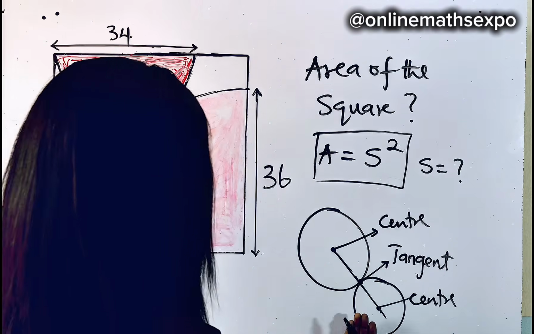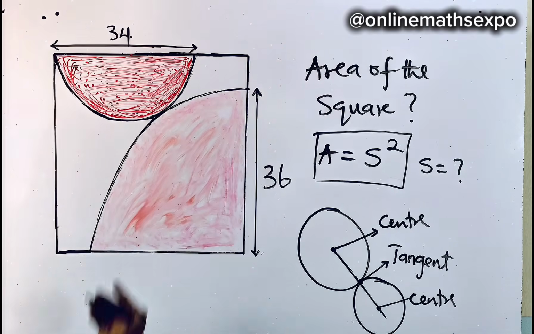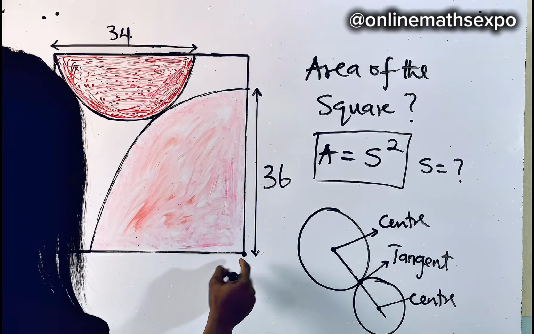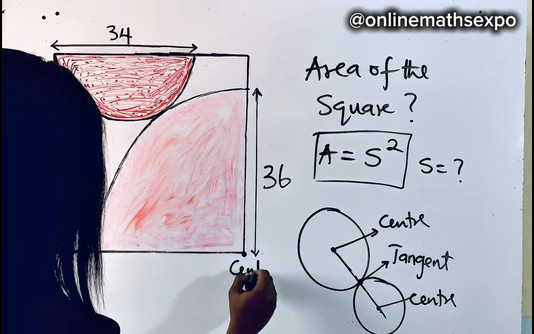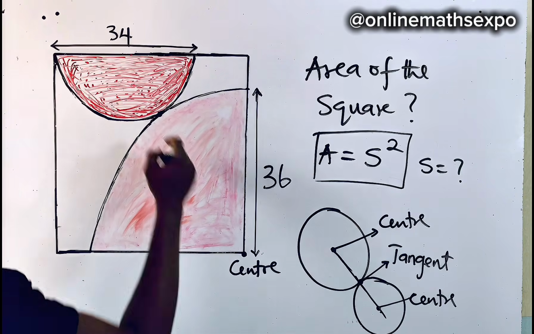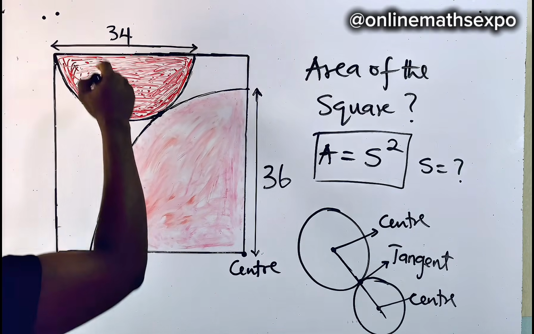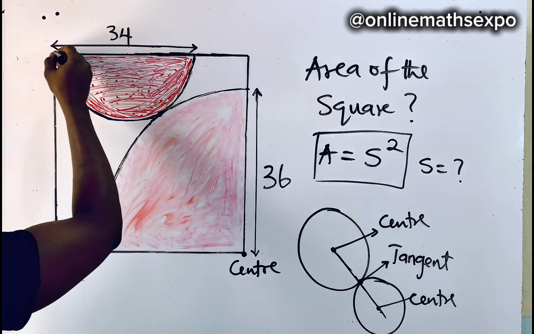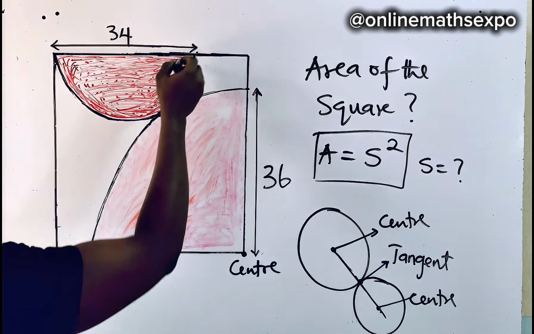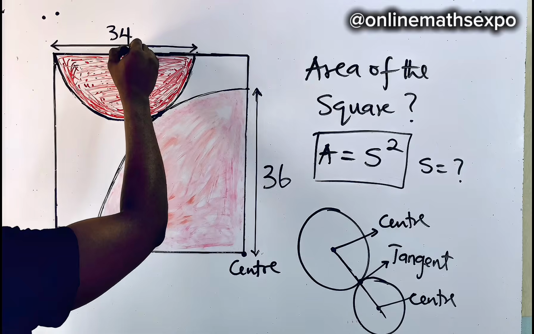Now, this theorem is going to help us in answering this question. Remember that this is the center of the quarter circle and this is the point of tangency. From here to here is the diameter of the half circle, and automatically the center of it is here.